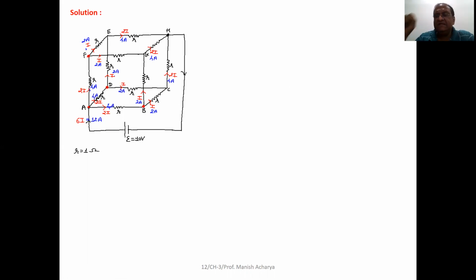It implies that both the paths are identical, same resistances are offered. It implies that this 2I current entering junction B will be equally distributed in 2 branches B to C and B to G when it leaves junction B. Clear to all of you?